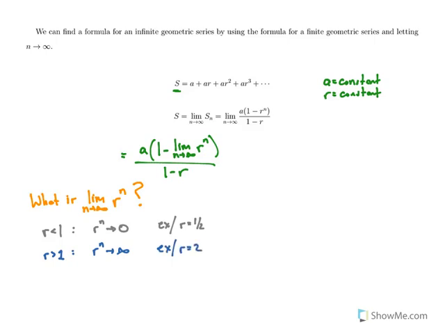Think, for an example, like r equal to 2. 2 to the n is just going to blow up to infinity.